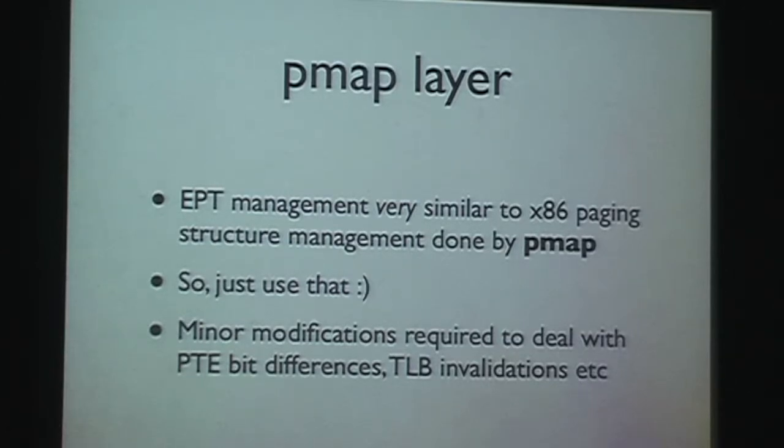The one issue that we had was that the differences in bits that I had on the previous slide meant we had to do some modifications. And also what is meant by a TLB invalidation is actually quite different for a hypervisor than just a normal CPU.